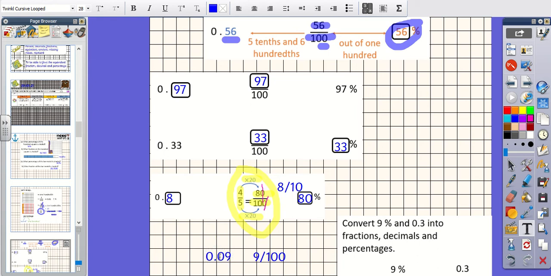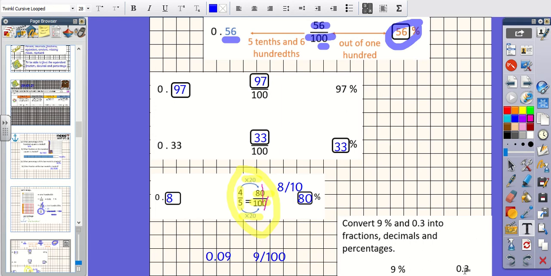Sorry, it wouldn't be 0.9 because that's just 9/10, and that is not our fraction. Our fraction is 9/100ths. So we've converted 9% into fractions and decimal.